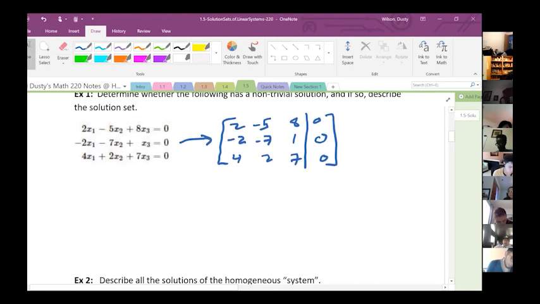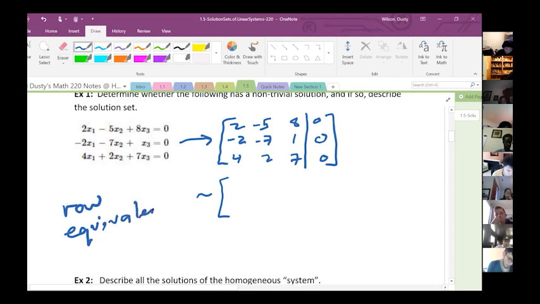When we want to show that matrices are row equivalent, they're not the same matrix, but they're the same matrix after row operations, we're going to use the little tilde for row equivalent.